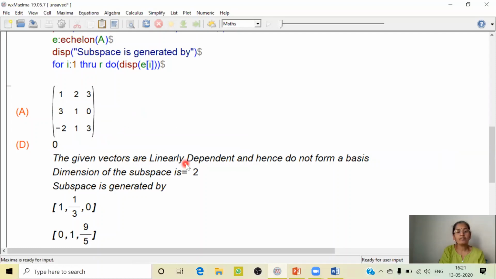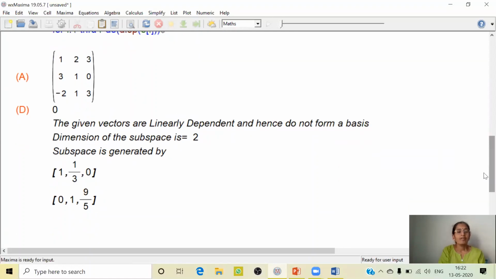Therefore, the given vectors were linearly dependent and hence they do not form the basis. Dimension of the subspace which we got was 2, that is the rank was 2. And the subspace was generated by the two non-zero vectors, that is 1, 1 by 3, 0 and 0, 1, 9 by 5. Here the non-zero rows are extracted from the echelon form of the matrix.